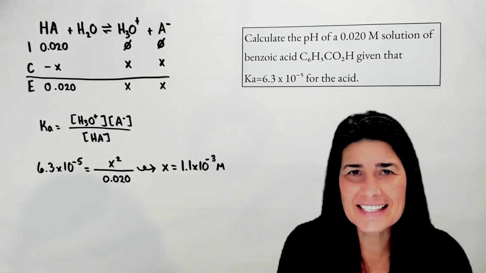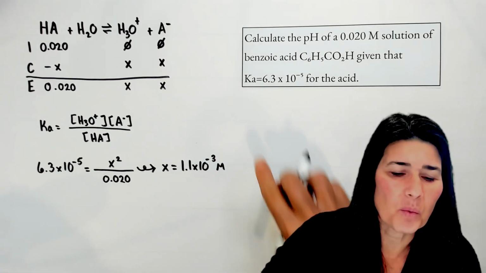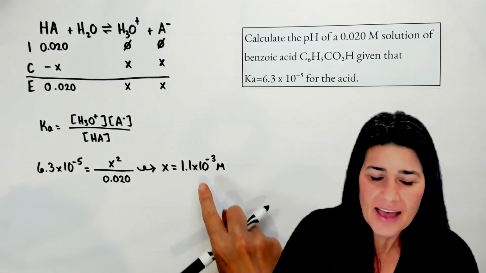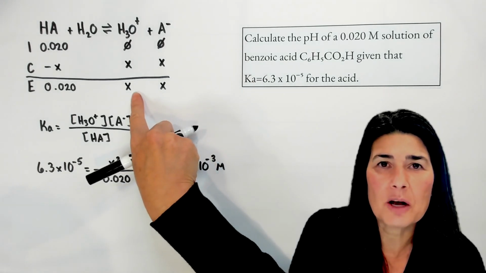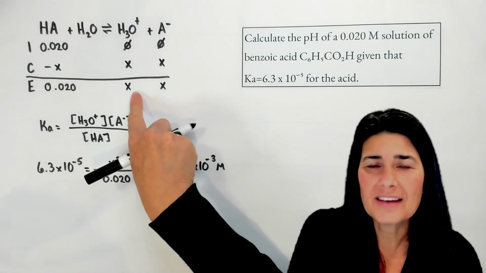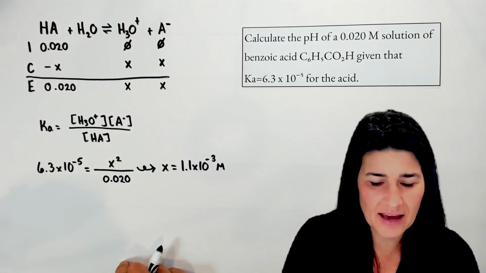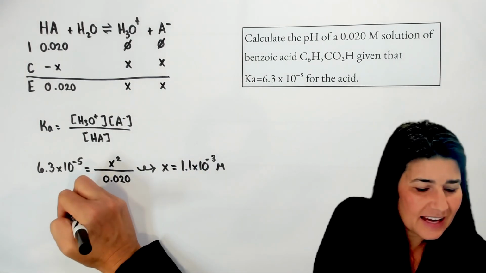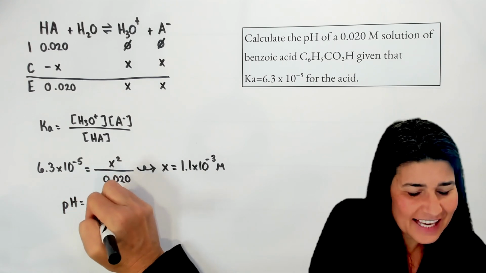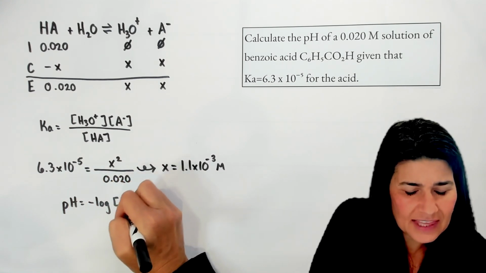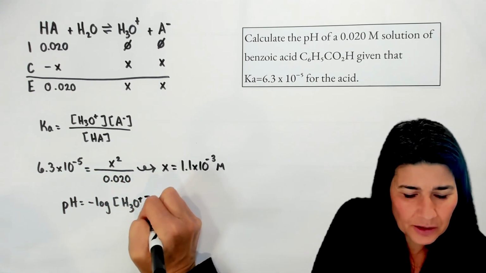Now, what is X? We go back up, we look at our ice table. X is our H3O+ hydronium value. Since we know the H3O+, we can go directly to pH. pH equals negative log of the H3O+ value.